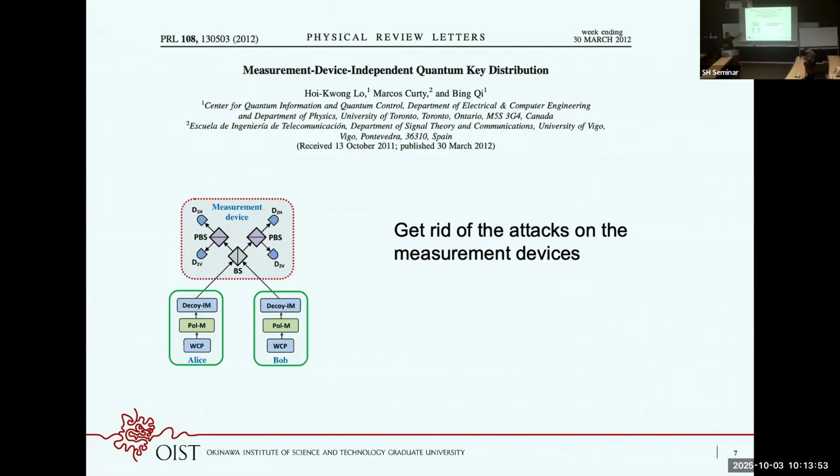In this case, as you can see, Alice and Bob send their states to a middle station, ideally in the middle of them, and the middle guy, normally called Charlie, is completely untrusted. We don't have to trust him. He makes a type of measurement called a Bell state measurement, and based on the outcome, he tells Alice and Bob what he got. I know it's a bit confusing, but I'm going to explain it better in the next slide.